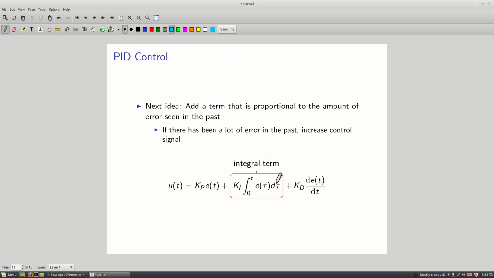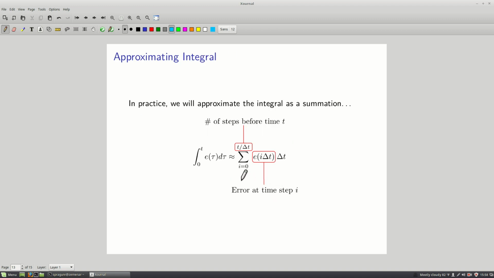And again, this is expressed continuously, but I'm going to have to be working with discrete quantities. So whenever I need a discrete approximation of an integral, that's always going to become a summation. Here I'm summing up across all of the time steps where I've received information.